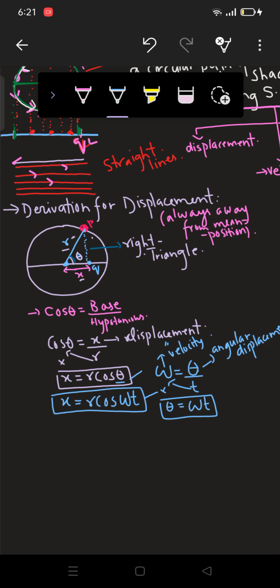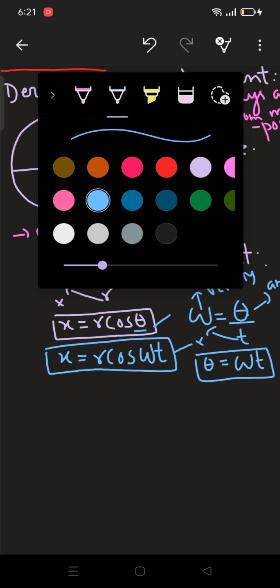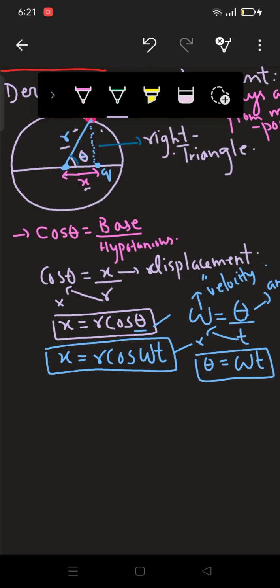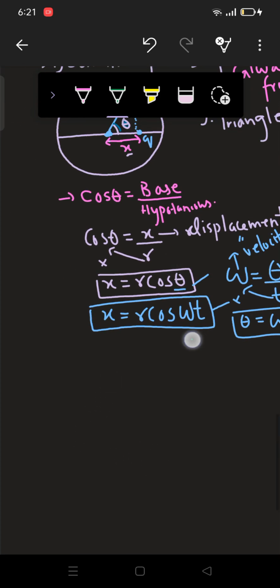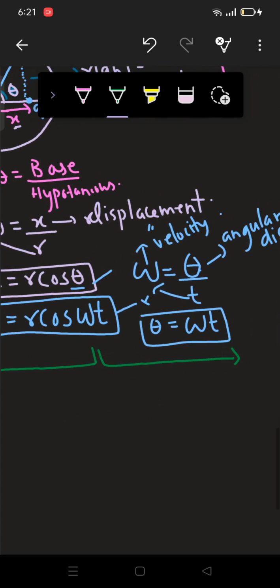In today's video we will not derive anything, but we're going to find the maximum displacement and the minimum displacement, since both cases are very important. Here maximum, here minimum.